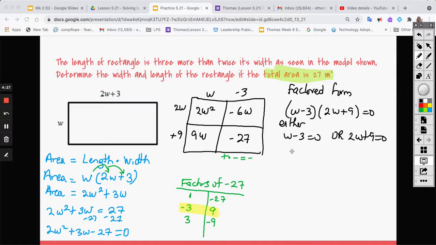If W minus 3 is equal to 0, we can add 3 to both sides. We're solving for W. W is equal to a positive 3. Or if 2W plus 9 is equal to 0, we're going to subtract 9 from both sides, which means 2W is equal to a negative 9. We would divide by 2, which would mean W is equal to negative 9 halves.